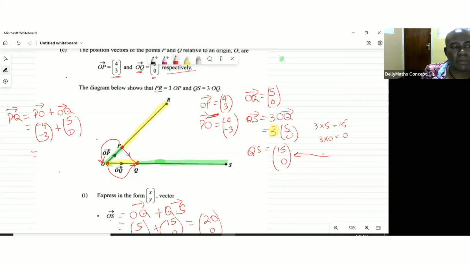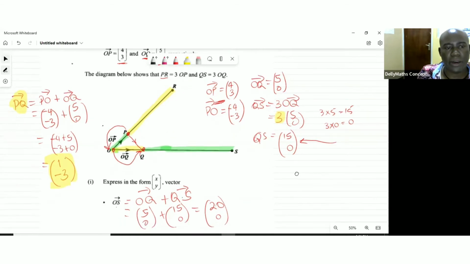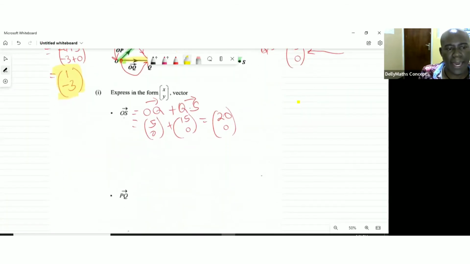When we add these, we get -4 plus 5, -3 plus 0, and the result is (1, -3). So PQ is (1, -3).